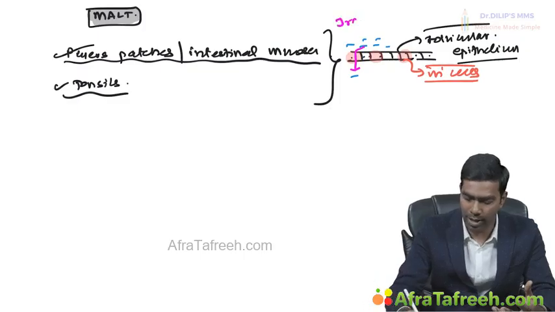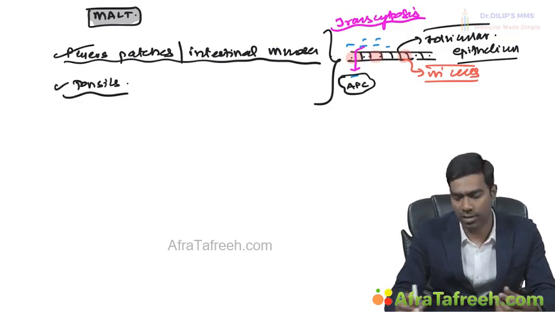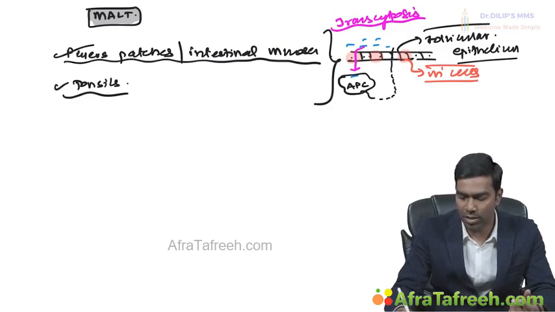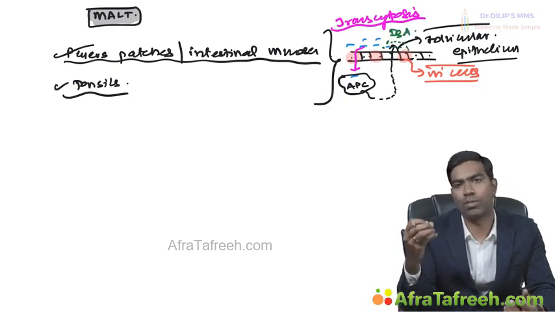By a process called transcytosis, they process these antigens and present them to the mucosal antigen-presenting cells, which in turn, through multiple processes, produce IgA, mucosal IgA.